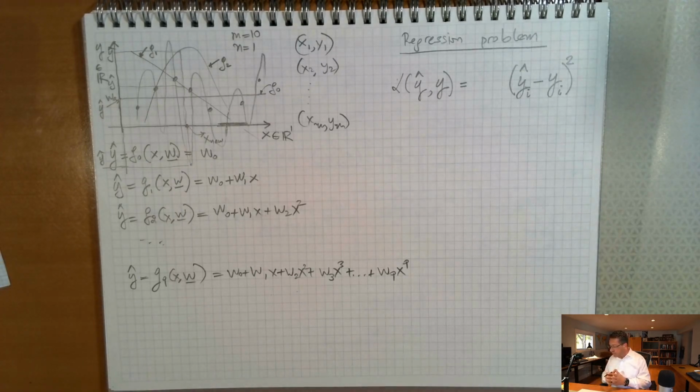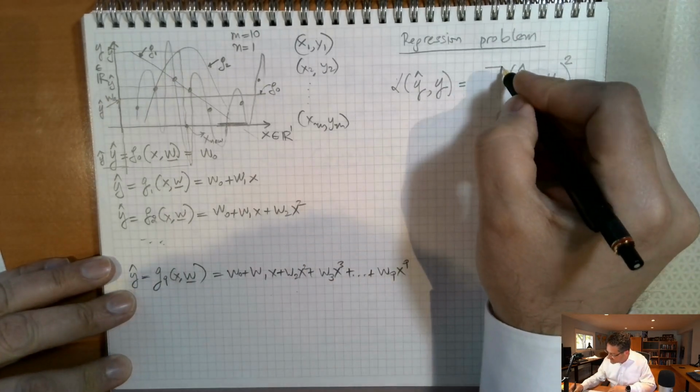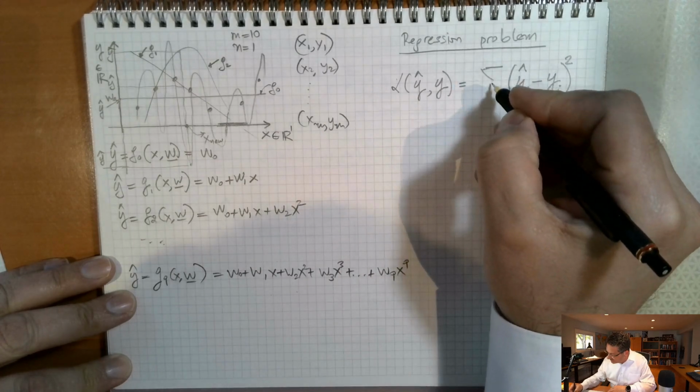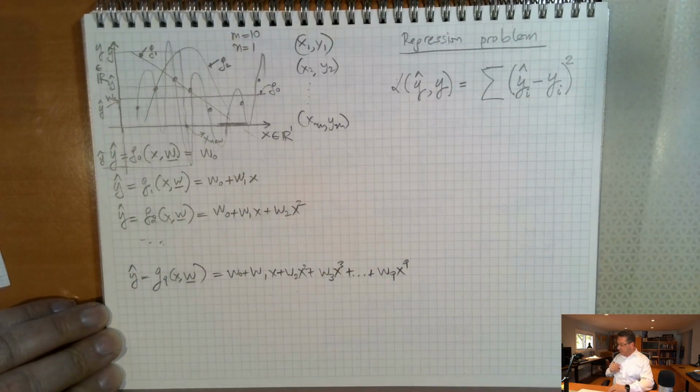However, we do not know exactly what to do with, let's say, m numbers. Probably it would be much better if we were to get just a single number out of these differences.